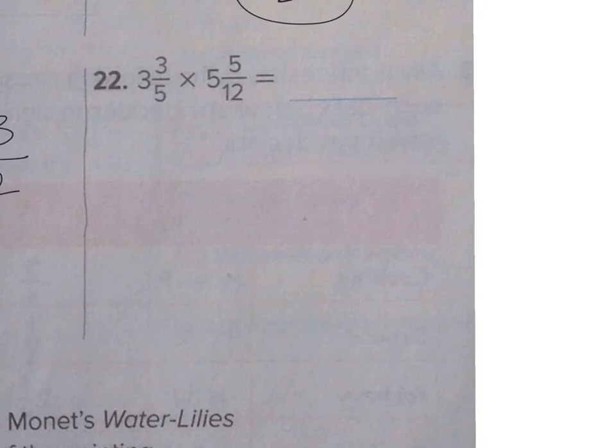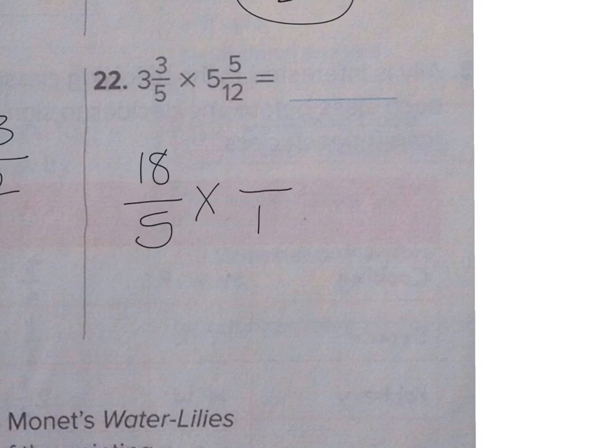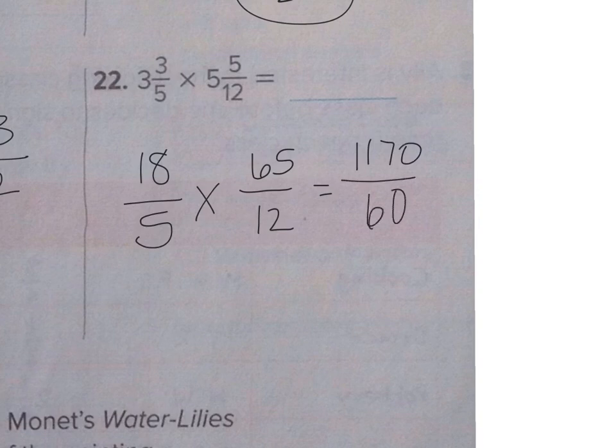For our last problem, we'll take the mixed fraction 3 3/5, which is the improper fraction of 5 times 3, which is 15, plus 3 more, 18. Multiplied by the mixed fraction 5 5/12, which is the improper fraction 5 times 12 is 60, plus 5 is 65, and when we multiply the tops, we get the big number of 1,170 over the number 60.